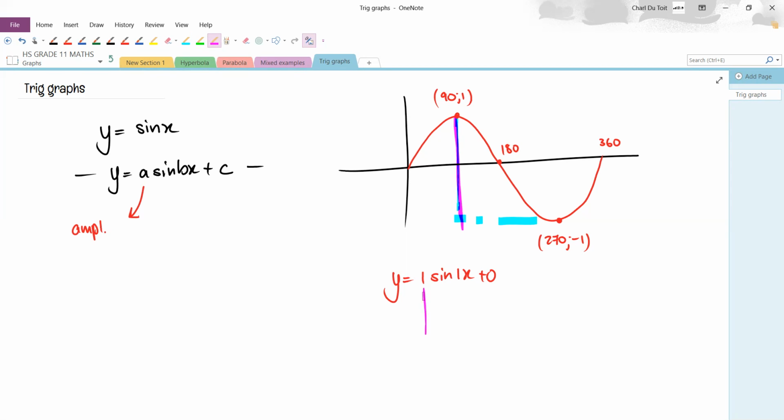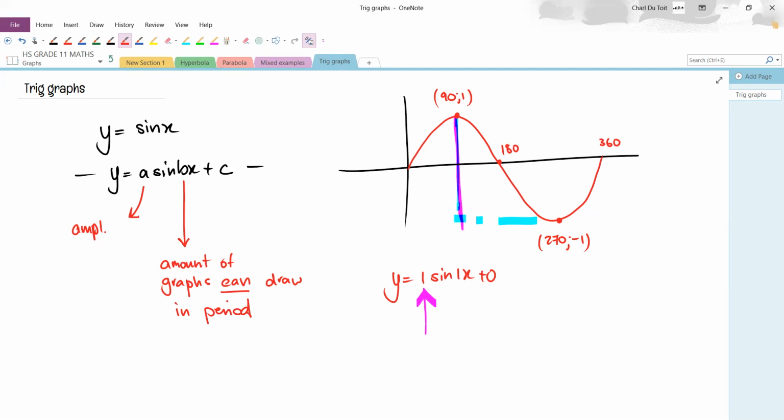So that's a 1. Then your b value is the amount of graphs, very important, you can draw, not is drawn, you can draw in a period. The sin graph has a period of 360 degrees.